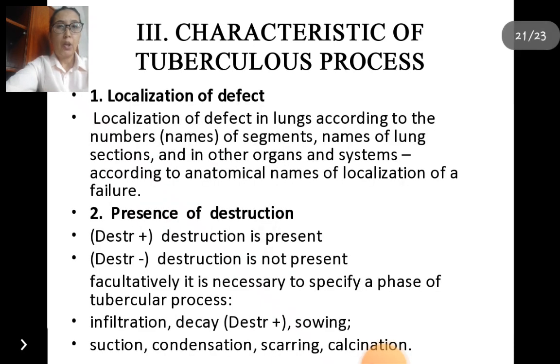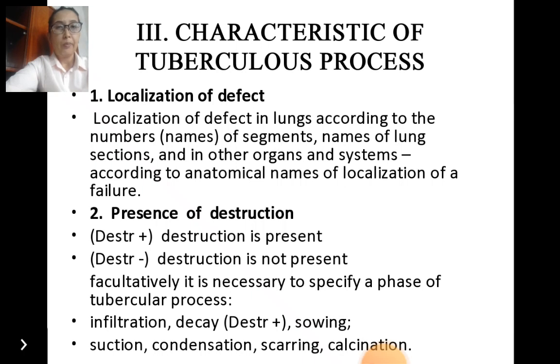tuberculosis of respiratory organs combined with dust professional lung disease, coniotuberculosis. The third point, we must talk about characteristics of the tuberculosis process. First one is localization of the defect. Localization is determined in the lung according to the number of segment, names of lung section, and in other organs and systems according to anatomical name of localization.